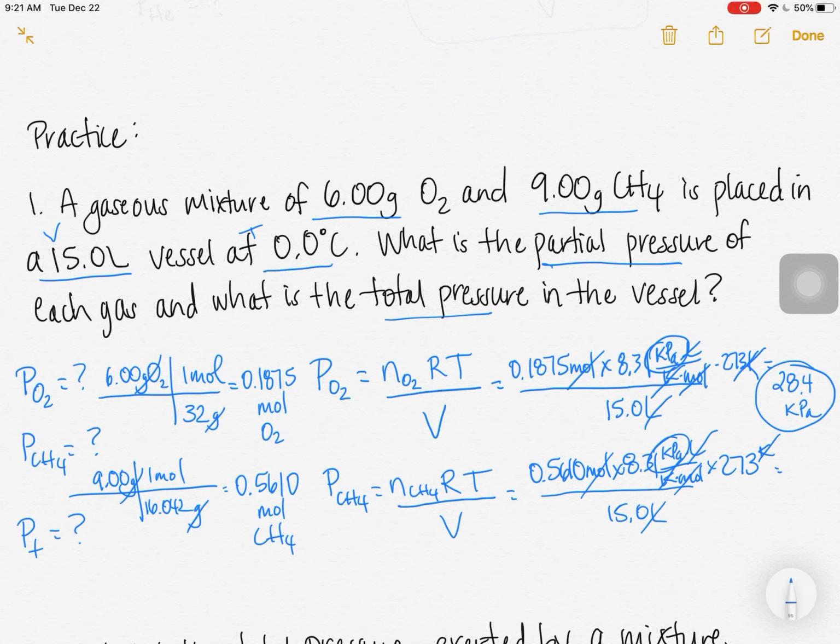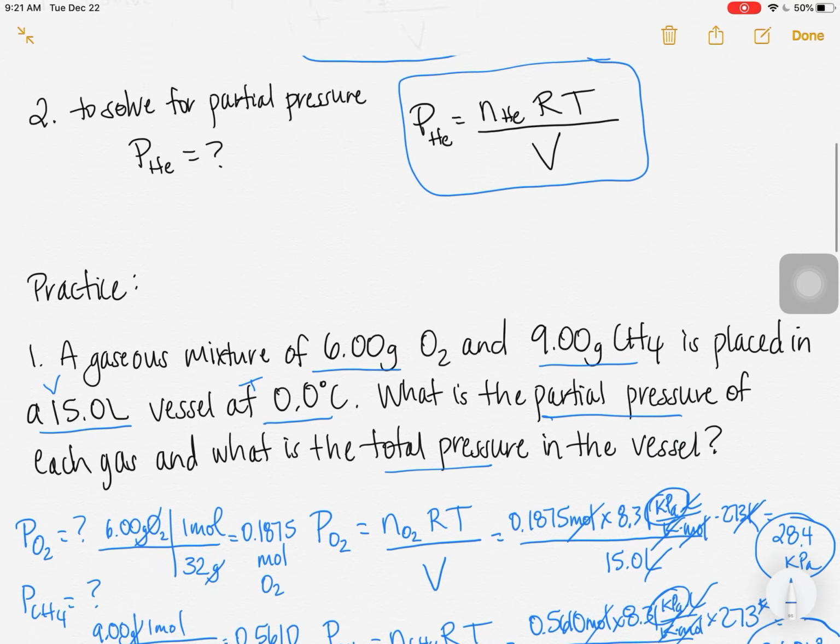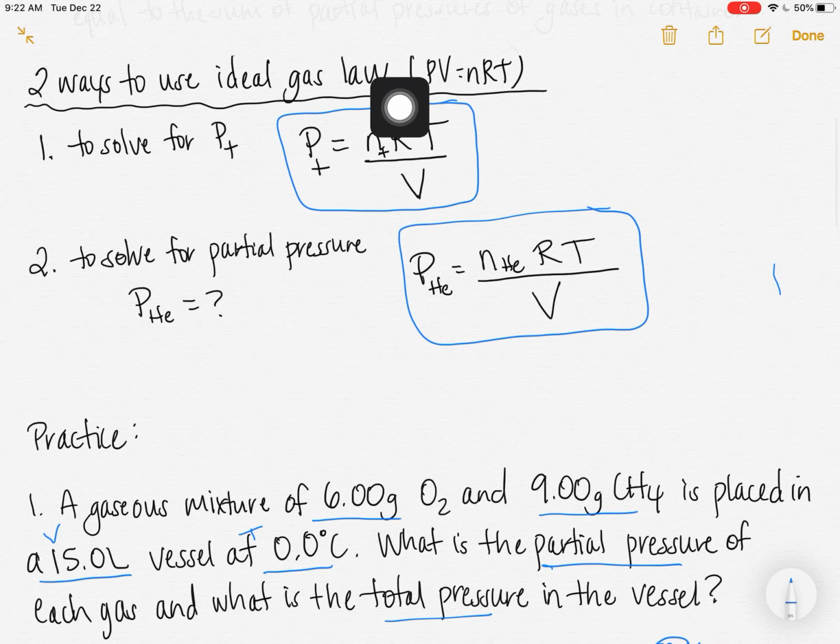And then the contribution from CH4 is 84.8 kPa. And then for P total, now there's 2 ways you can find P total. So think about this for a minute. I could do this, where I'd have to add my moles together and crunch all that in there.